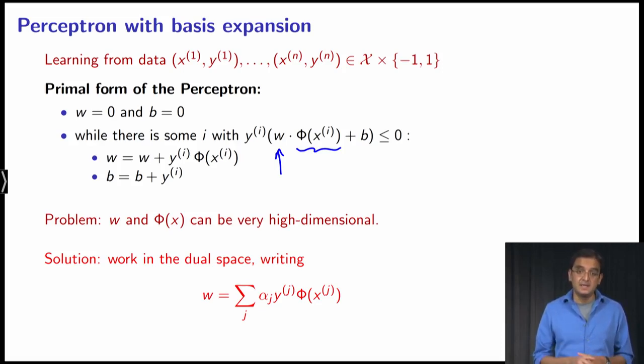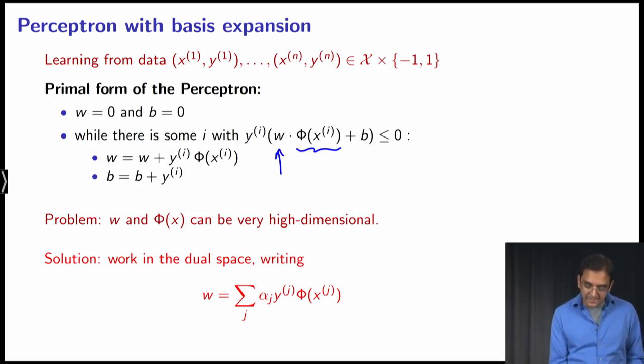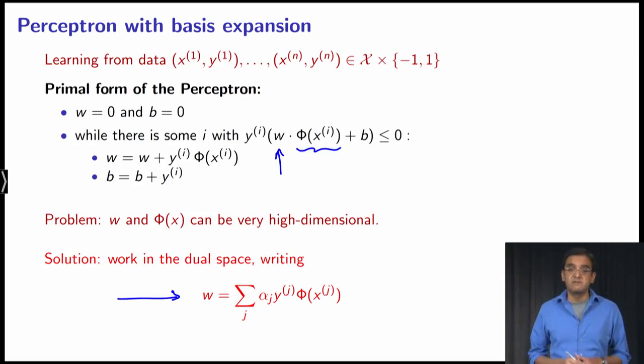And the key idea there is not to work with w at all, but instead to work with the dual representation. From the form of the perceptron algorithm, it's clear that at any given time, the w vector is of this form, because we start w at 0, and the only thing we ever do to w is to add yi phi of xi to it.